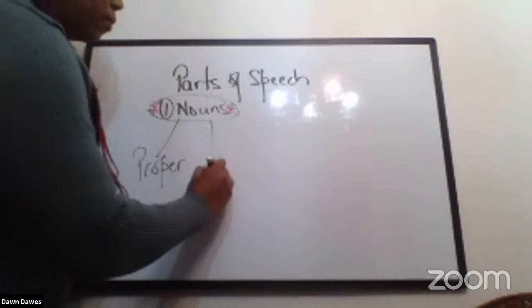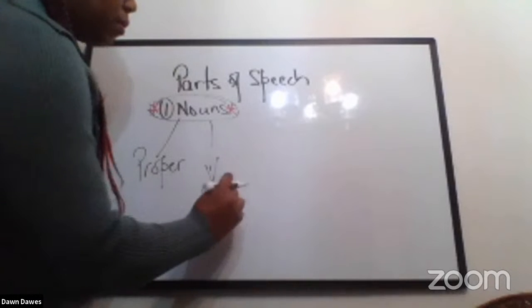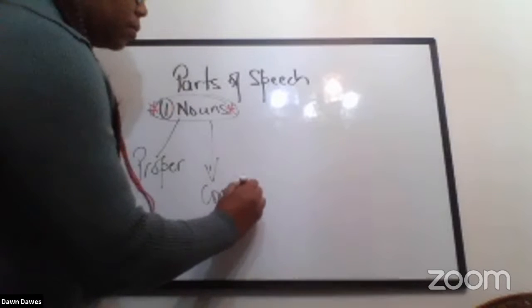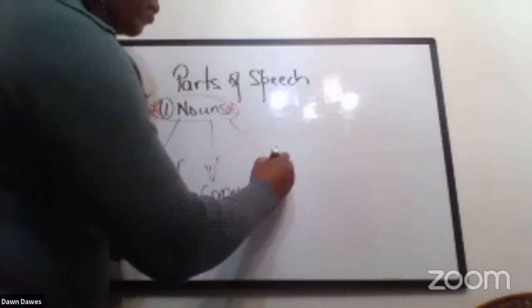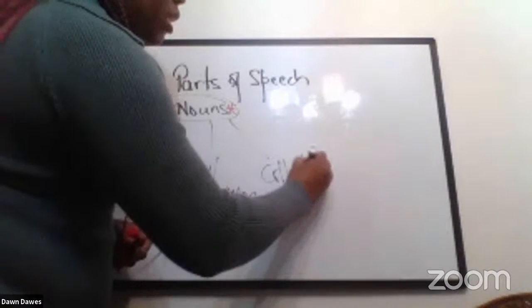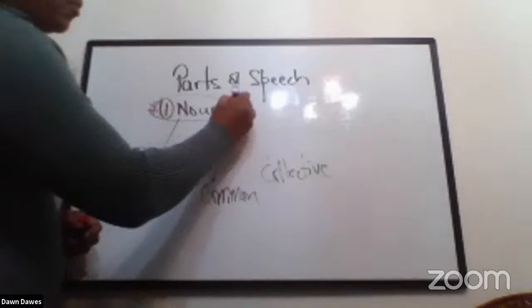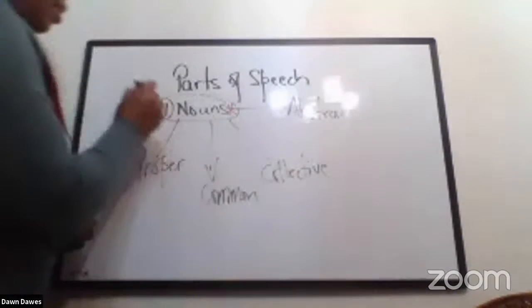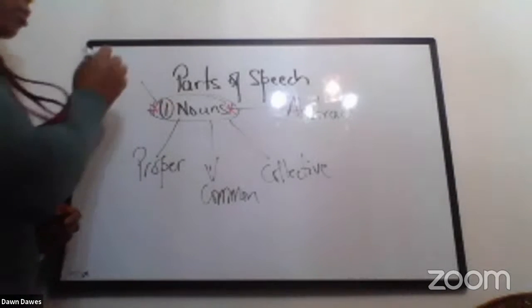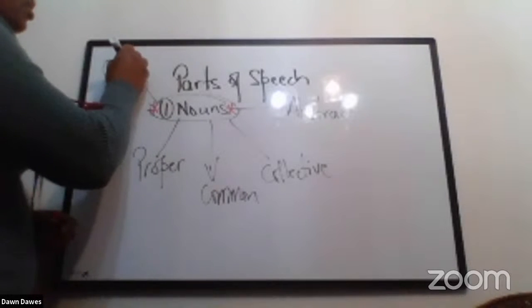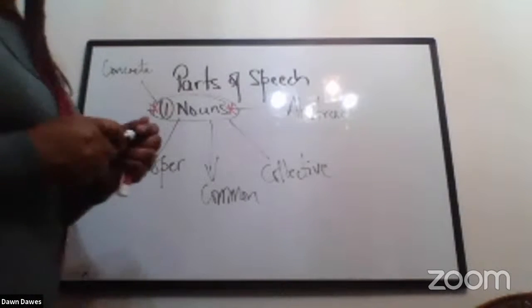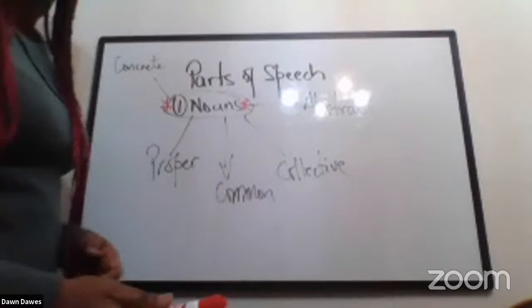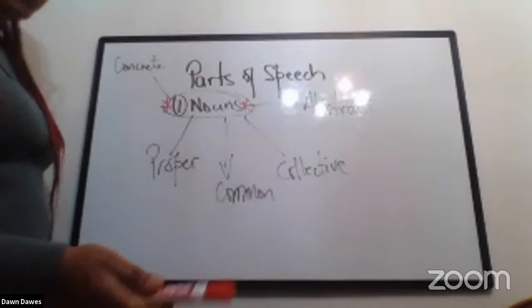We have common nouns. We have, this is one that we need to look at carefully, abstract, and a little known one, concrete. Okay, so the different types of nouns that we will be looking at today.